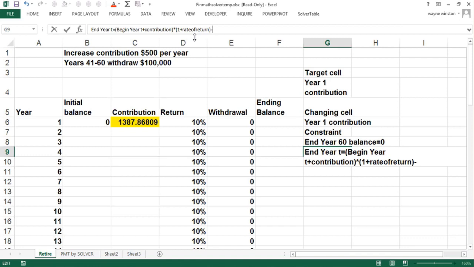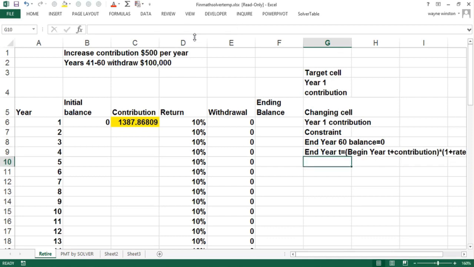And then you would subtract off the withdrawal if there's any. So I'm assuming I get that return at the beginning of the year. And then you begin year T plus 1 with the end year T balance.